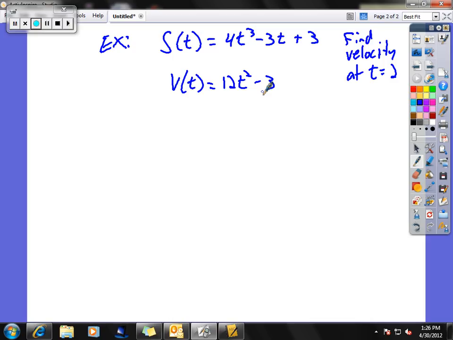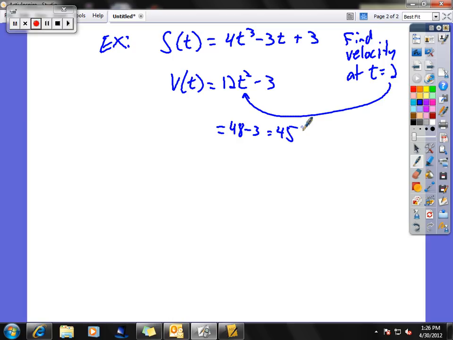So that 2 comes in for this t, and we get 12 times 4 is 48 minus 3, so that would be 45. The velocity is 45. Okay, so if this function is the position function, then at t equals 2, the velocity is 45. Okay, do the derivative, plug in the time.